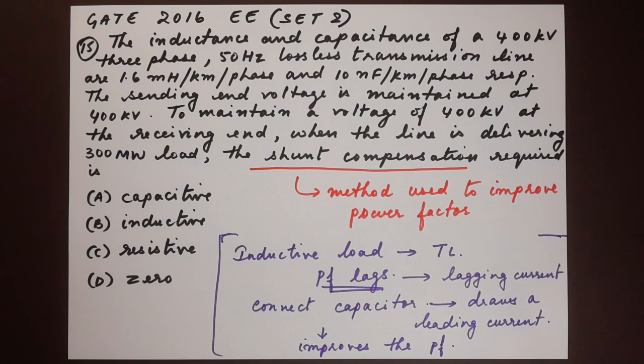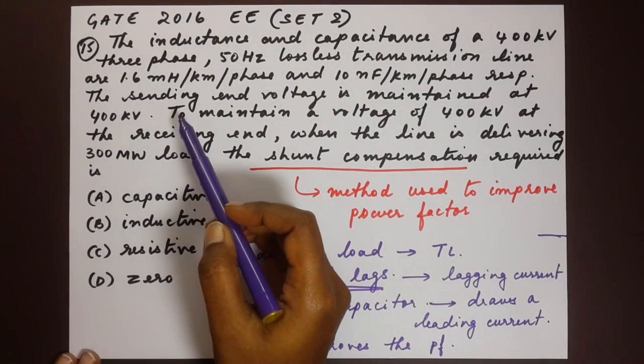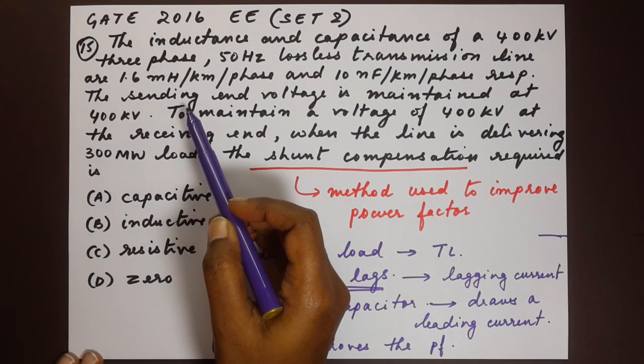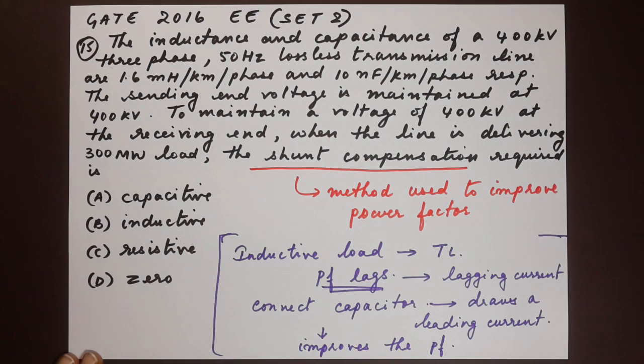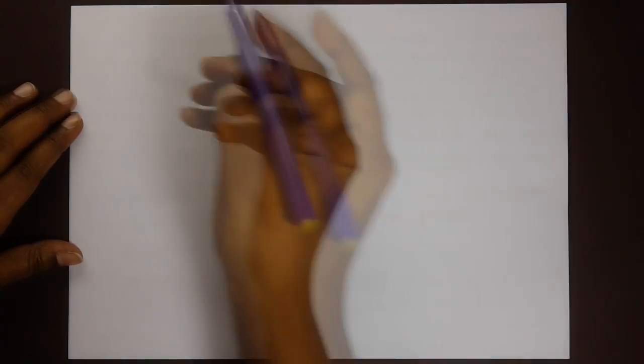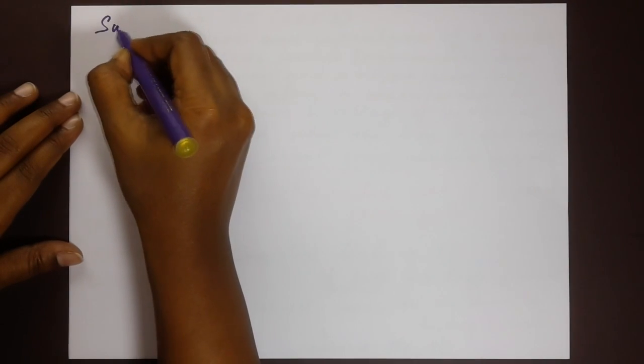Now, let's look at the surge impedance of the system given. We have been given the inductance as well as the capacitance value, so we can find out what the surge impedance is. Let's calculate the surge impedance.